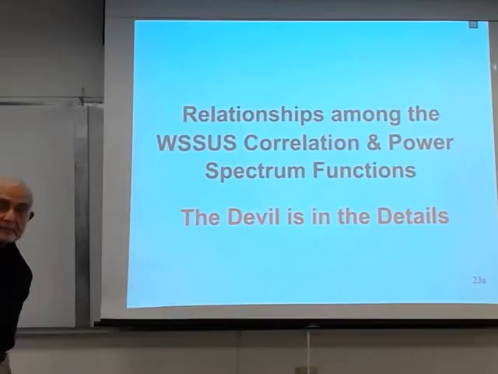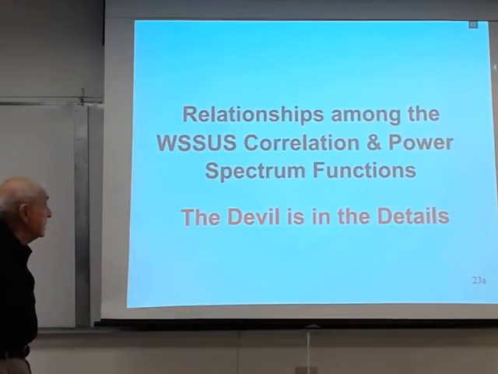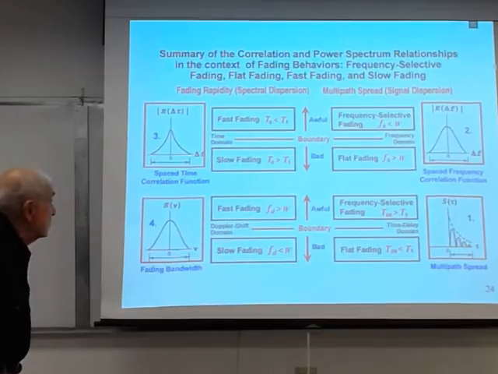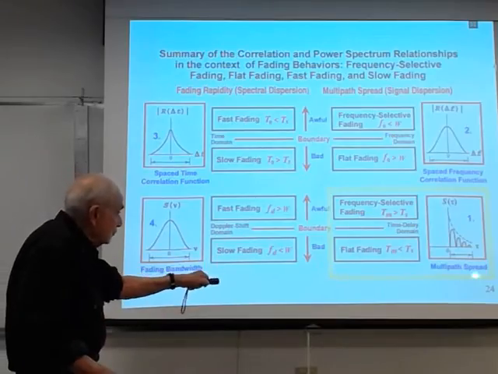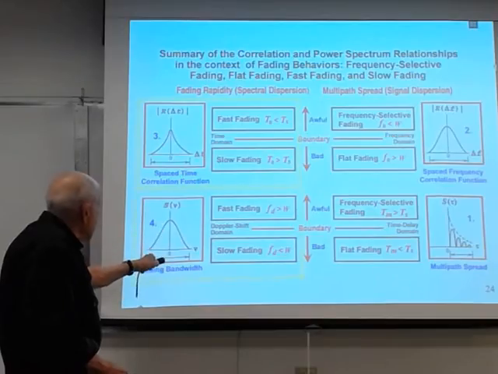Okay, let's consider the relationships among those four pictures, and remember the devil is in the details. So again, this is what we're looking at, and we're going to want to look through each one of these four. 1, 2, 3, 4, just like that.